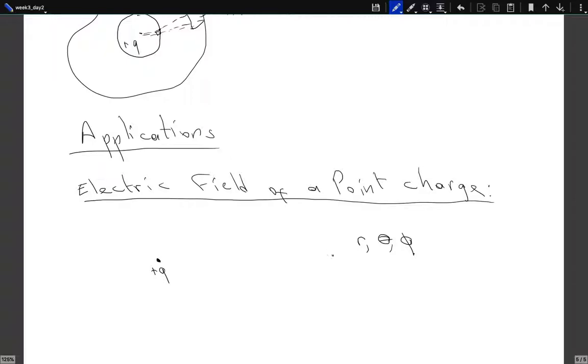In principle, it could depend on all of these coordinates, but since the magnitude should not change for arbitrary rotations around this point, the electric field is a function of r only. It cannot depend on anything else.